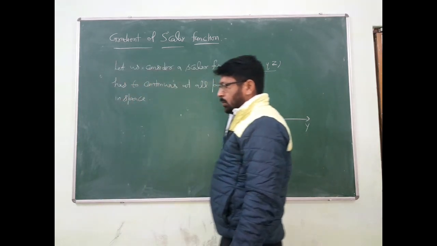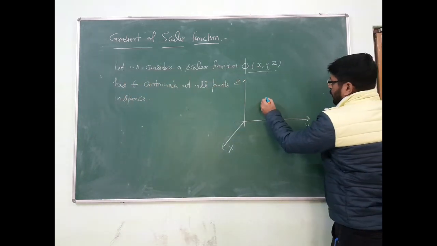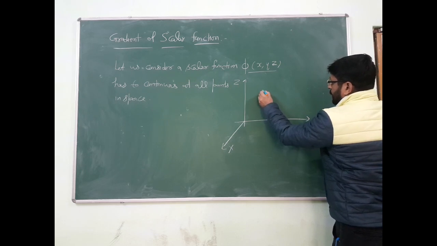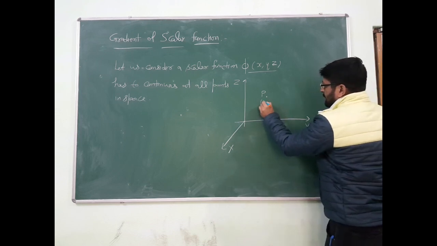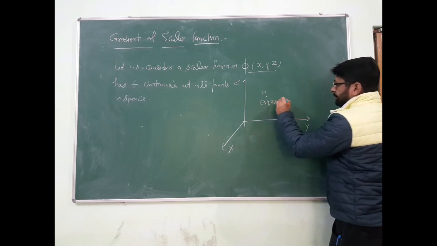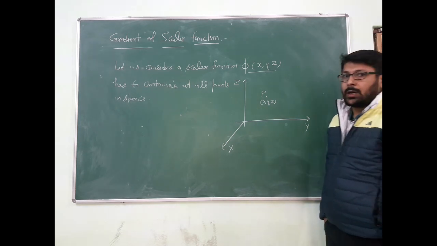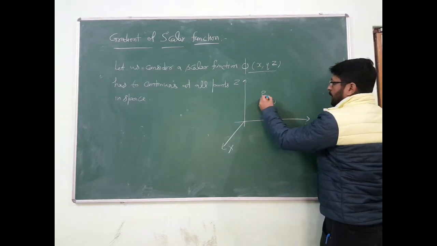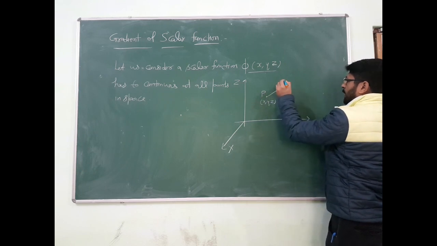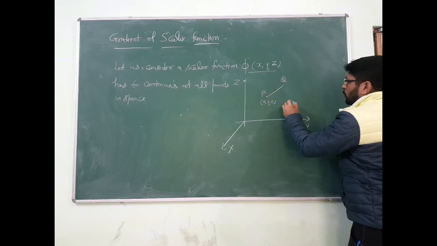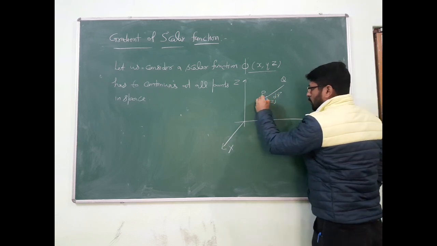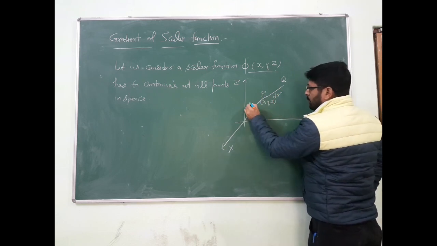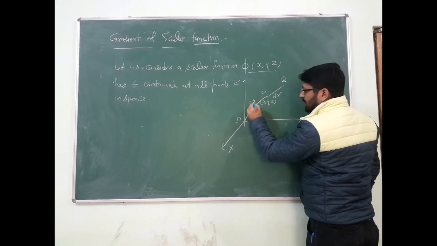And now suppose we have considered any point P in this Cartesian coordinate system having coordinates x, y and z. Now if we move from this point to another point, say Q, say this displacement from P to Q is dr. The position vector of this point P from the origin O is r.